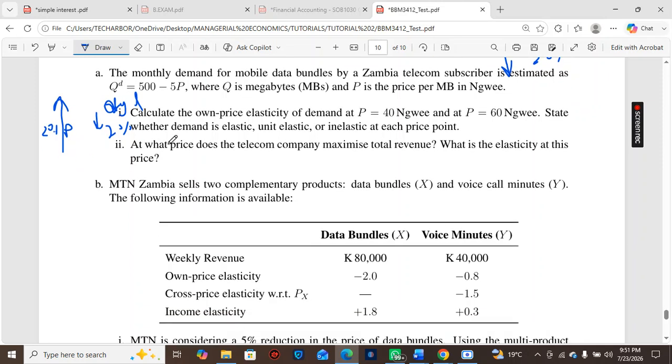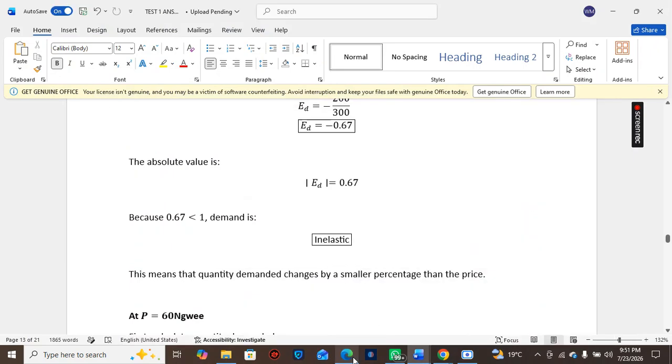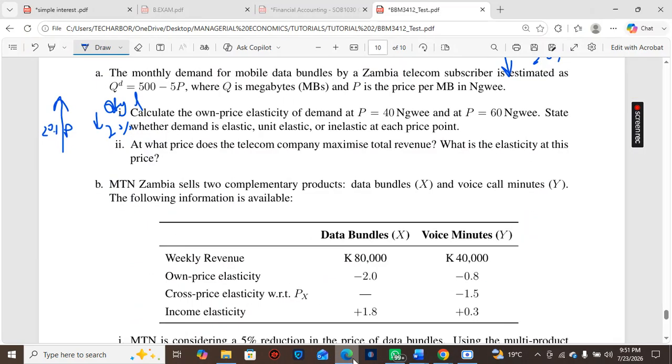At what price does the telecom company maximize total revenue? And what is the elasticity at this price? So we'll find out at what price this company maximizes revenue.